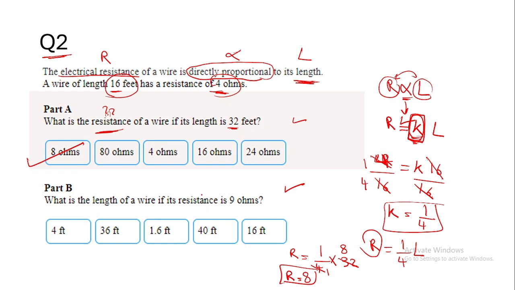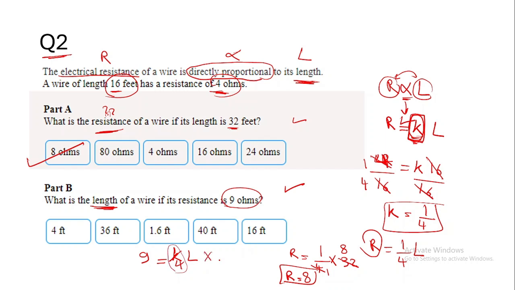Now part B would be the same. Now he asks, in part B, for the length of the wire, which is L, when the resistance is 9 ohm. So the same situation. We'll say 9 equals kL, and k, as we mentioned, is 1 over 4, times L. So to get L, we need to move this 1 over 4.